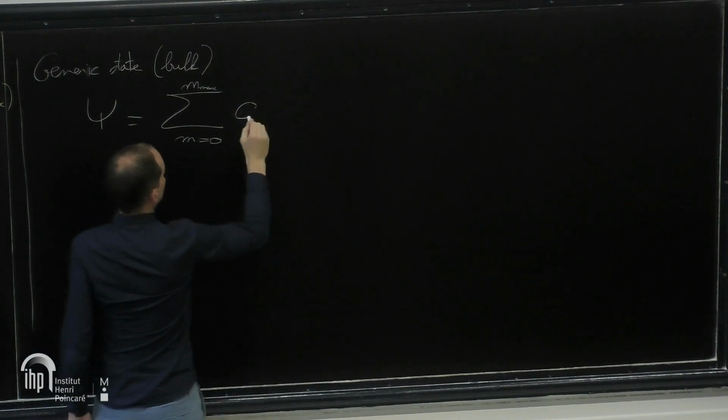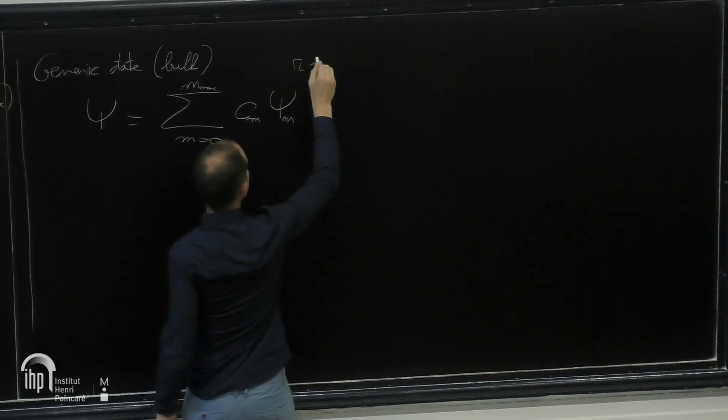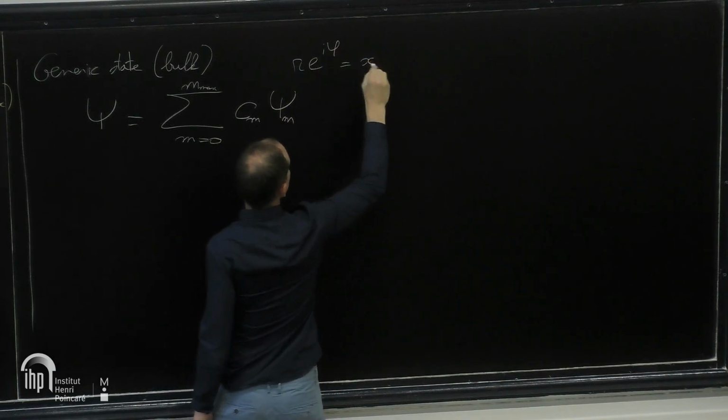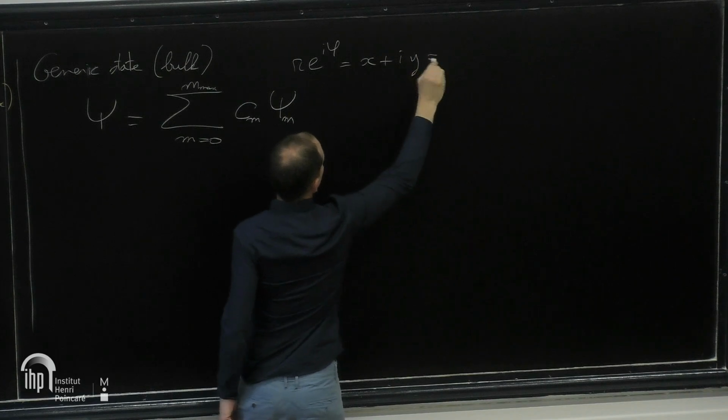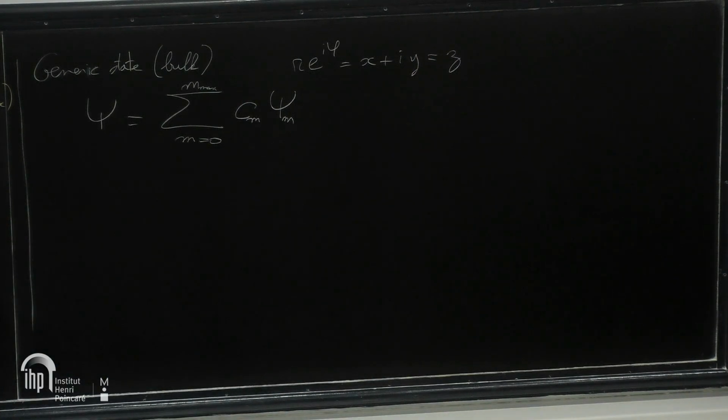So the generic wave function will be given by the sum over m ranging between 0 and m max of an amplitude Cm times psi m. I remind that psi m is given by r to the m e to the i m phi. And we need to see that r e to the i phi is nothing but x plus iy, which is the complex coordinate z.